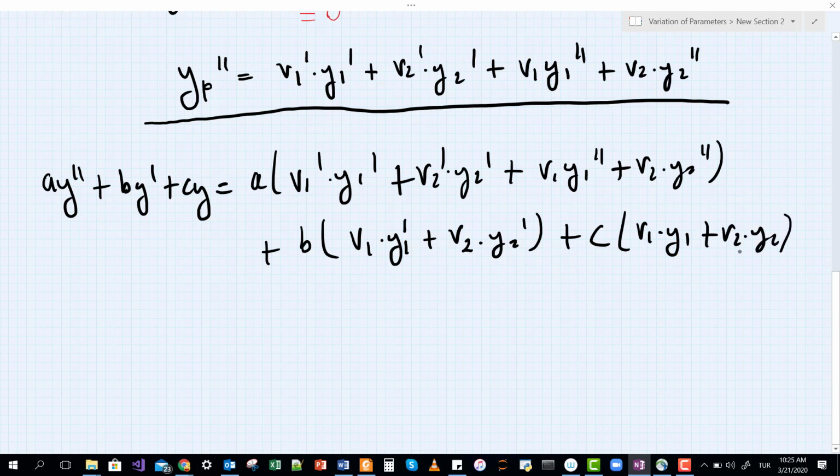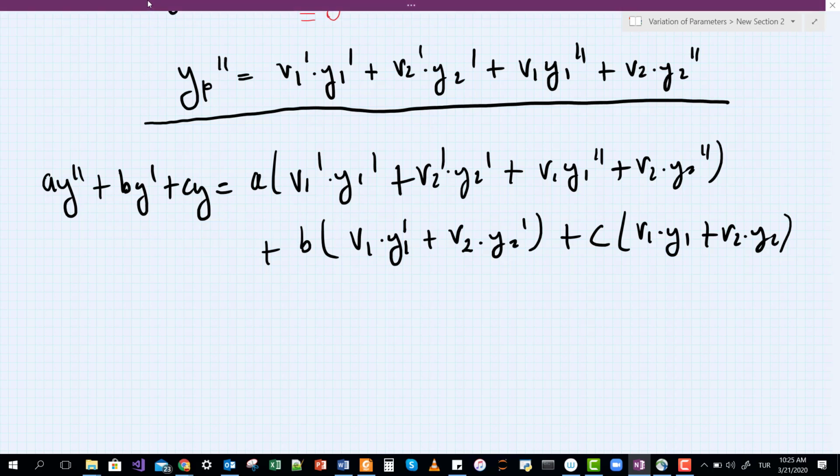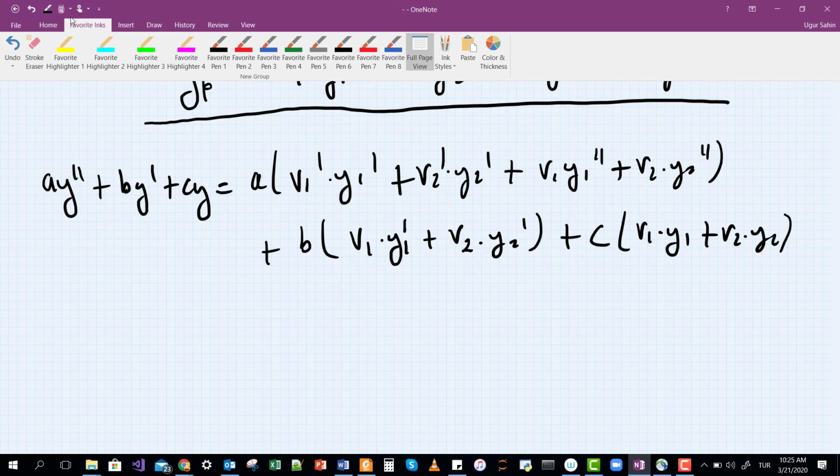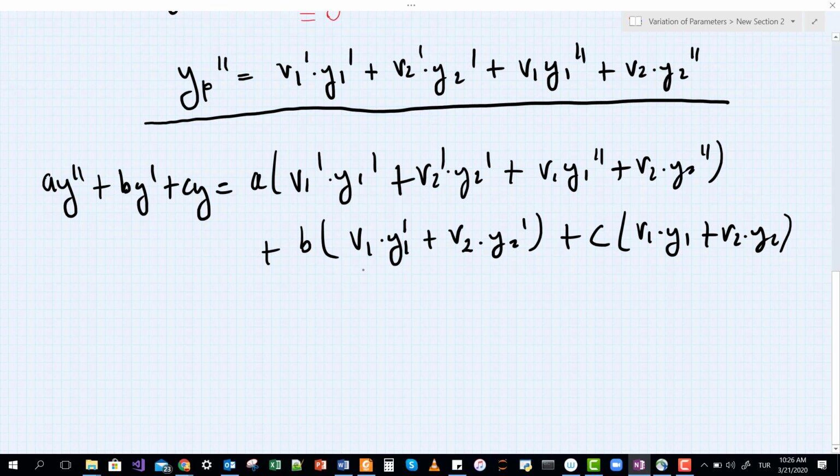Now, as you see, I have a lot of terms around, so I need to be able to cancel some of them. To do that, look at that first. I'm going to try to group all these terms by looking at what the common terms are here.